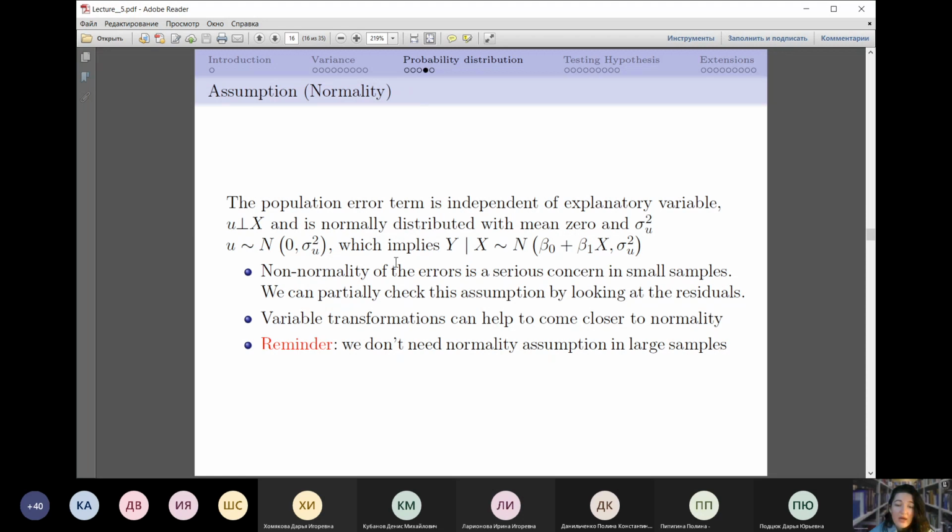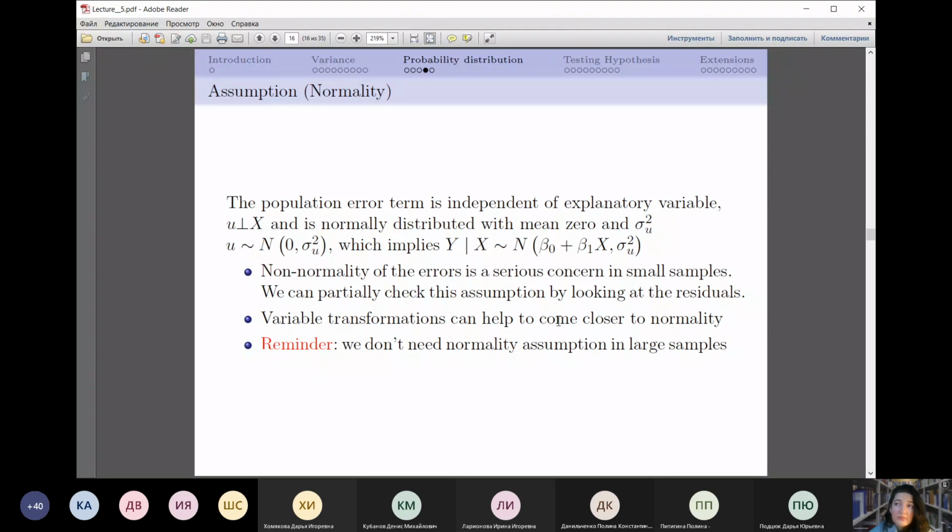For example, you can obtain your residuals, and you can check this assumption about the normality of errors by looking at the residuals, for example, by looking at the residual scattergram. And also, if you have some problems with normality, you can use variable transformation, and this transformation can help to come closer to normality.